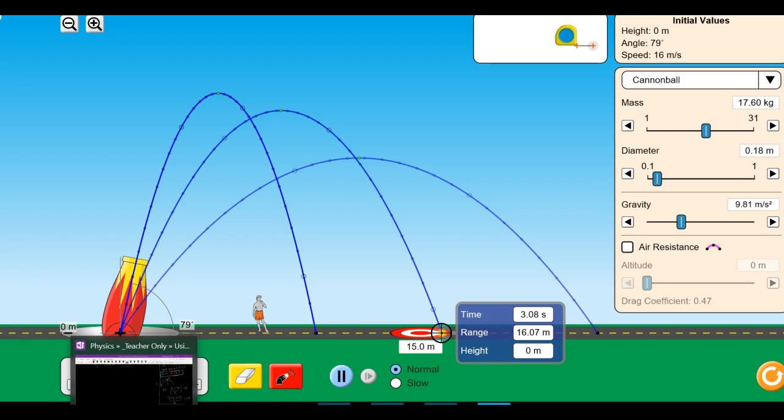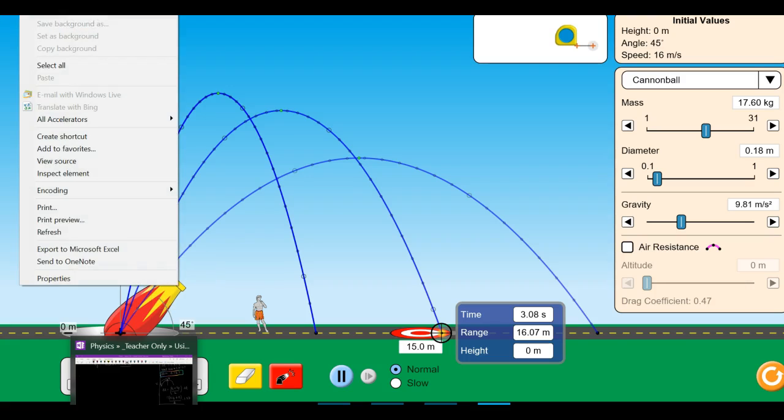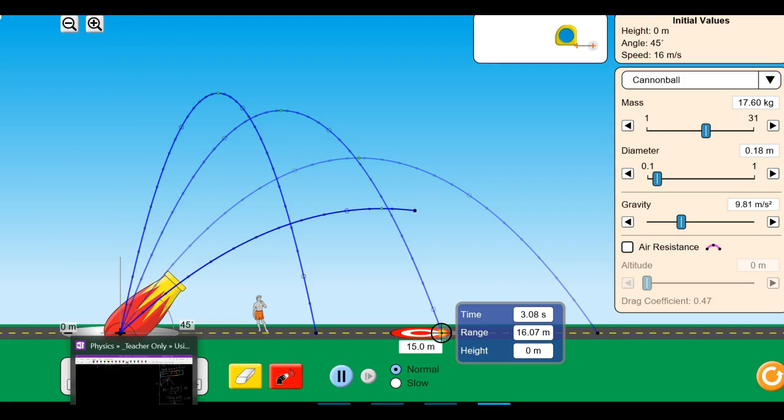But guess what? There is one angle at which you will get the maximum possible range, and that is 45 degrees, because you get the advantage of maximizing the horizontal as well as the vertical component. So this is the one where it's going to go the furthest.